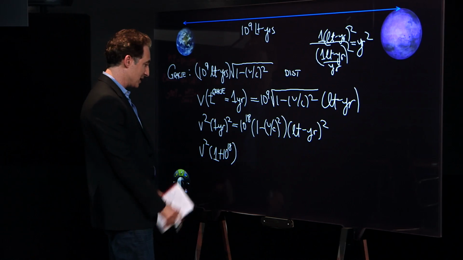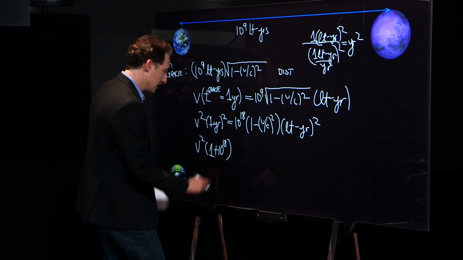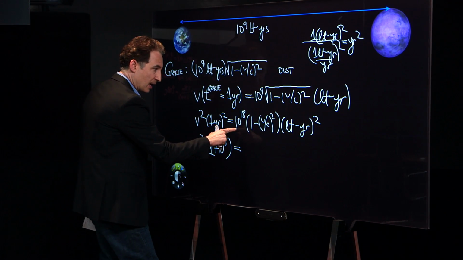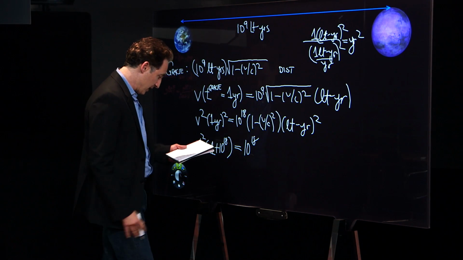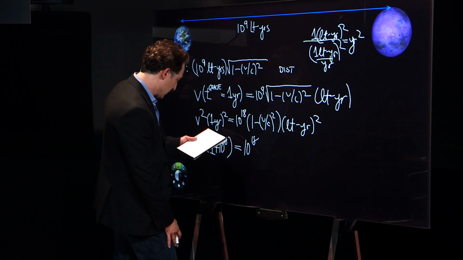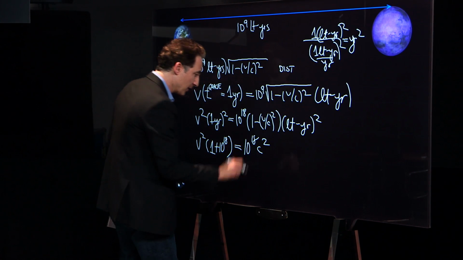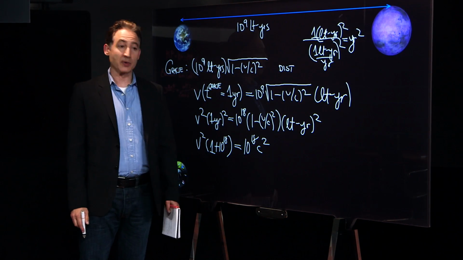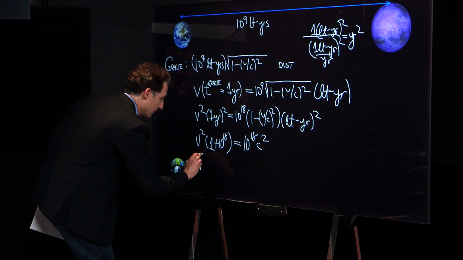Now let's carry out the rest of the calculation. v squared times 1 plus 10 to the 18. What are we left with on the other side? Well, we're left with 10 to the 18. And then the fellow over there is just giving us a factor of 1 light year per year squared. So let's call that c squared. So that will get our result in the units of the speed of light. And now we can just solve for v squared.